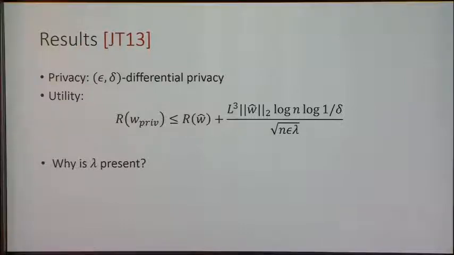All we are saying is that whatever the learner could have done in the non-private setting, we'll achieve the same in the differential privacy setting. And lambda tending to infinity makes sense, because if lambda is infinity, then my W hat didn't learn anything. W hat was 0, so W private can also be 0, and that's why I won't have any excess risk. But the risk R of W hat will be very large.